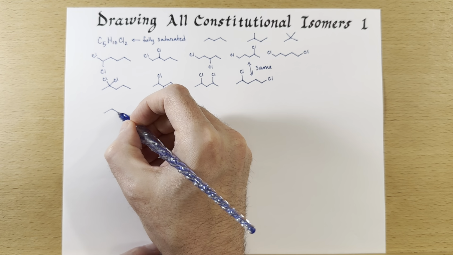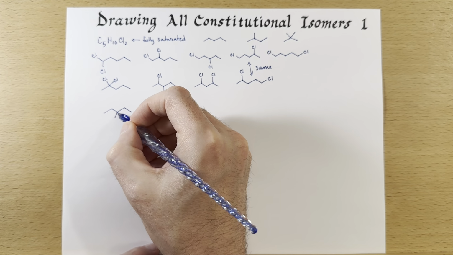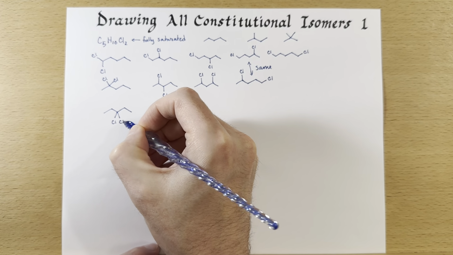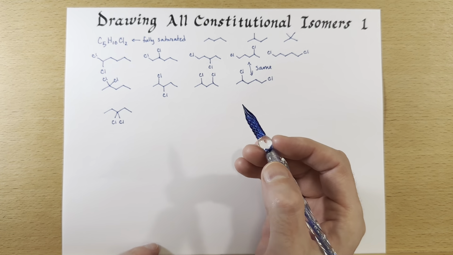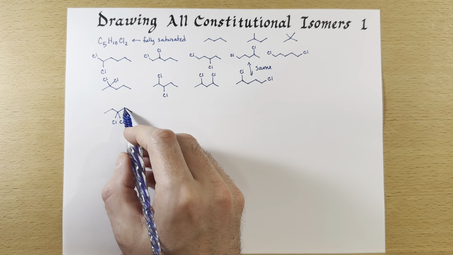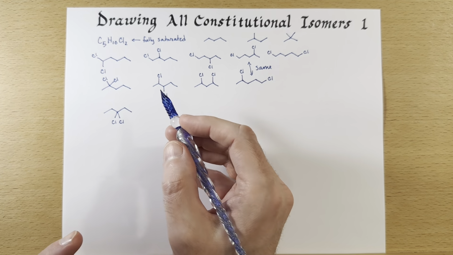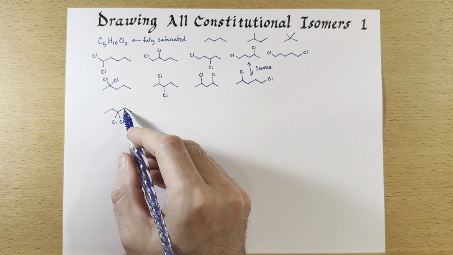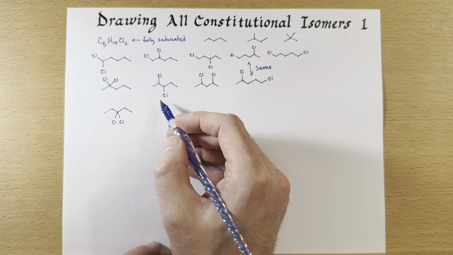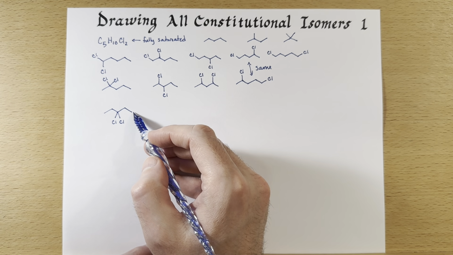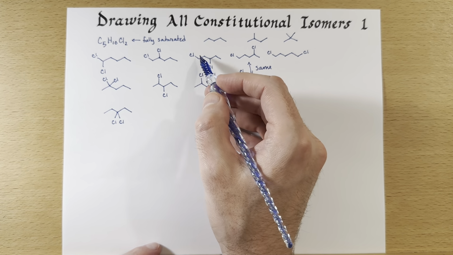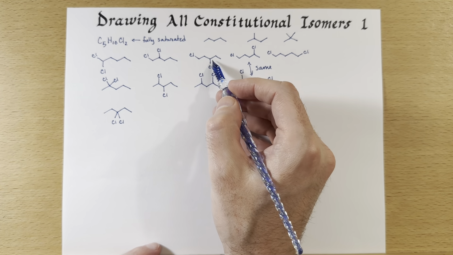And then we could have both of the chlorines on carbon number 3. And again, for the same reason, if we were to put one on, say, carbon number 4, well, that's actually carbon number 2, and that would be the same as this one. So we don't have to draw that. And 3 and 5 is actually properly called 1,3.